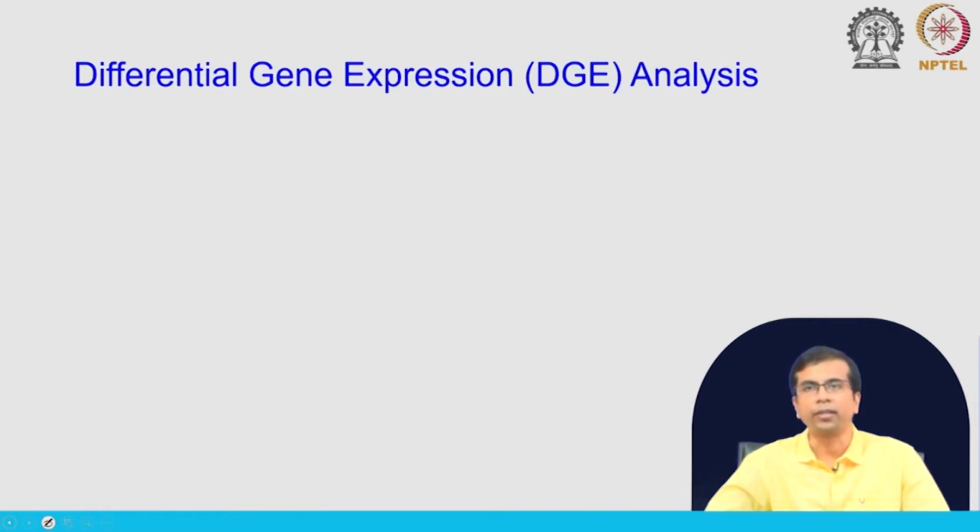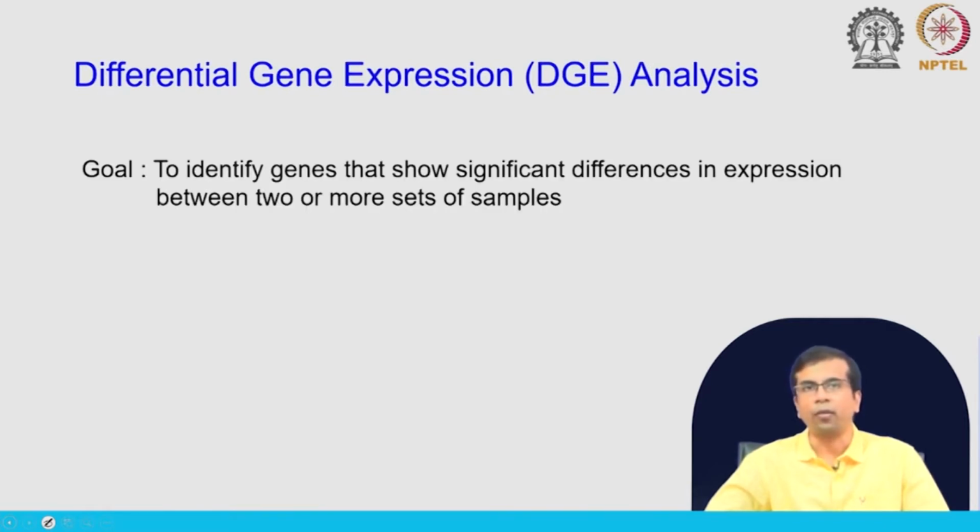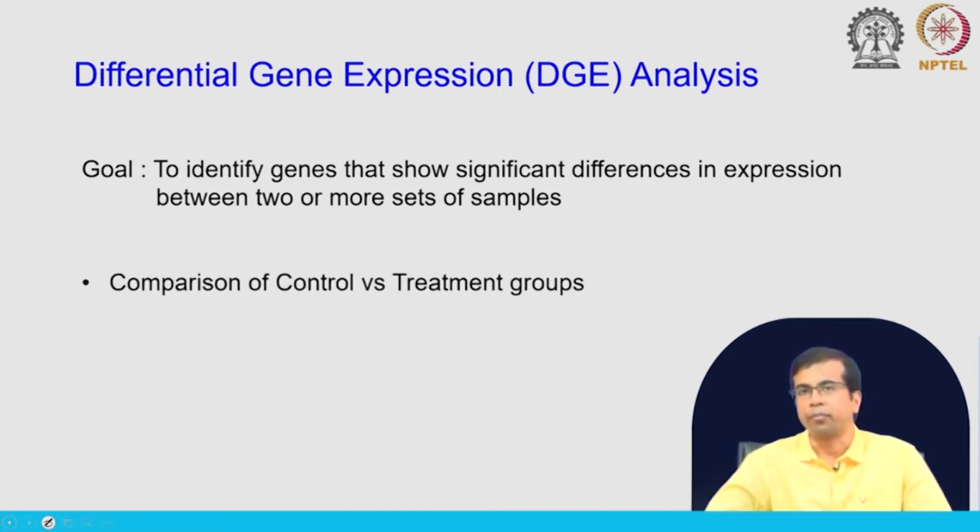This is a very popular analysis that we do, and the goal is to identify genes that show difference in expression between two sets of samples. Okay, so, these two sets of samples could be a comparison between control and treatment groups, right.